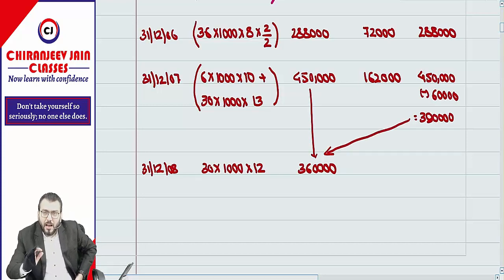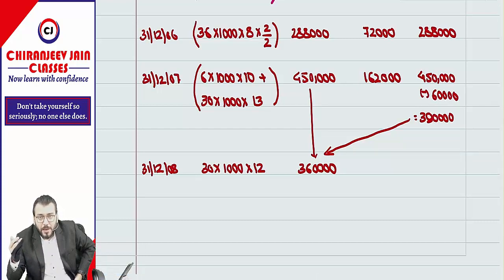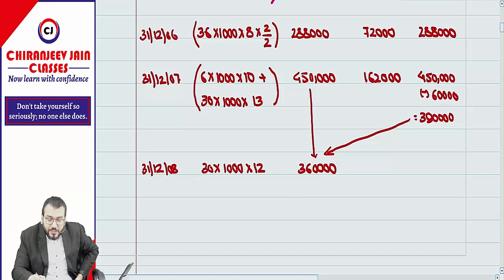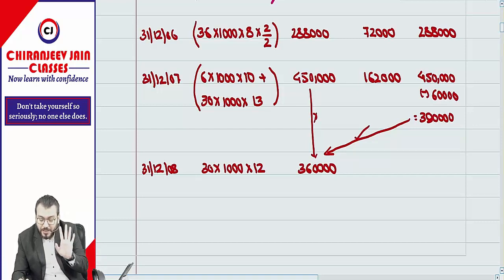Out of 36 employees, 6 employees' payment has been done. So you are doing reassessment of 30 employees. It means now comparison should be done with 3,90,000, not 4,50,000. Correct? Be careful about this point.